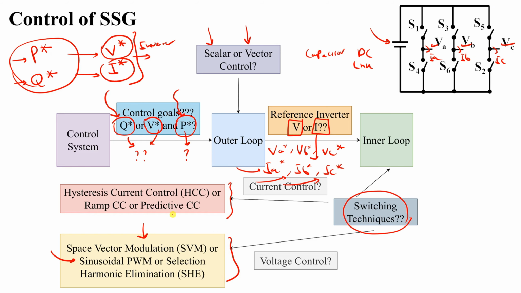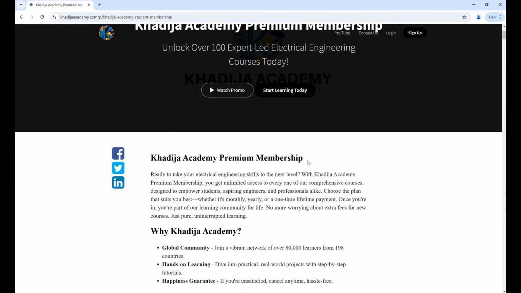In this course I'm going to show you, for example, hysteresis current control, by getting IA reference, IB reference, and IC reference, and how we can convert it into pulses. And also I'm going to show you sinusoidal pulse width modulation, how we can convert the three-phase reference voltages into pulses.